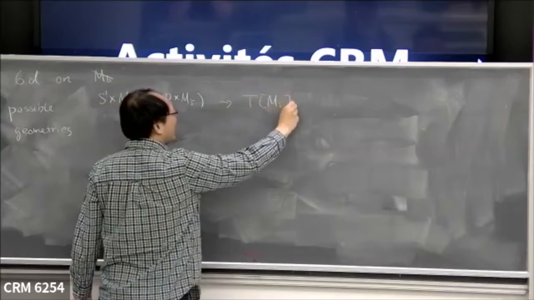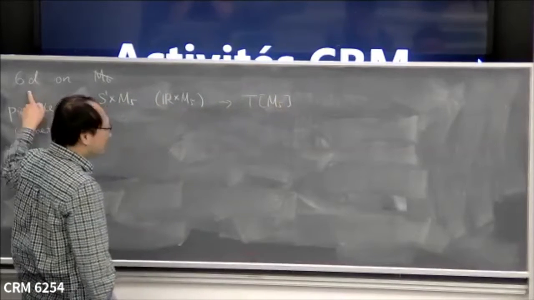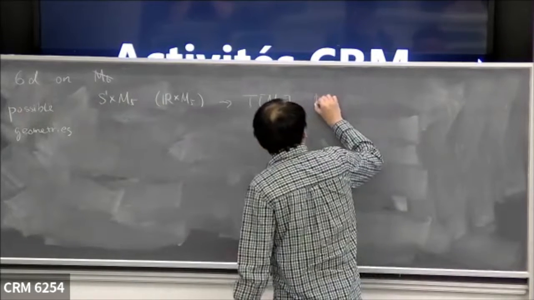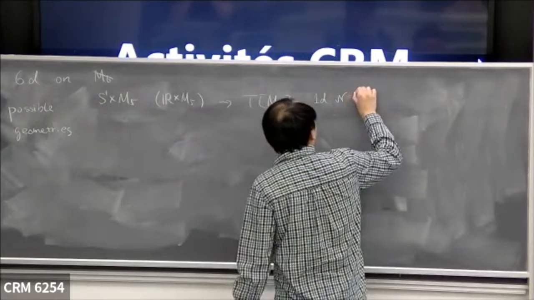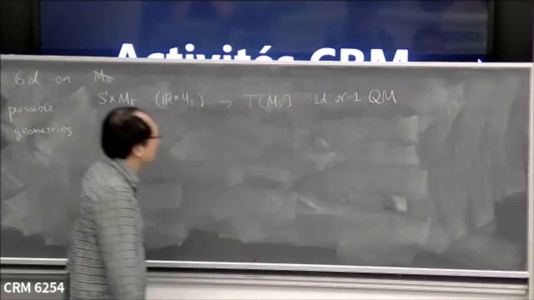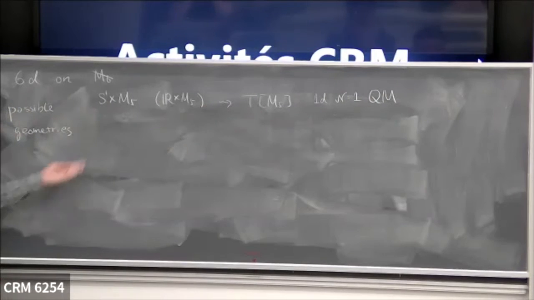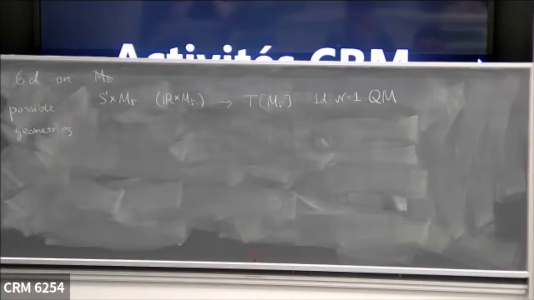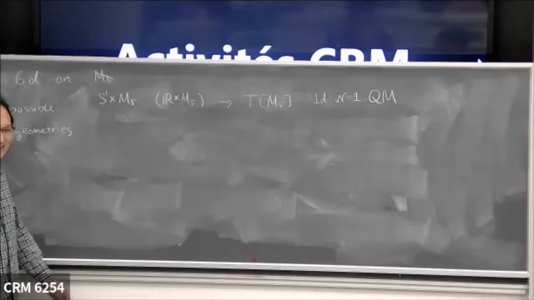Let me denote it by T of M5. Those are 1D theories because I'm reducing the 6D theory on a 5D manifold, and those are generically 1D N=1 quantum field theory or quantum mechanics. In principle, we can get some invariants of 5-manifold in that way, if you, for example, look at the Witten index. But no idea what that should be and whether there can be a stellar application to the study of 5D topology.